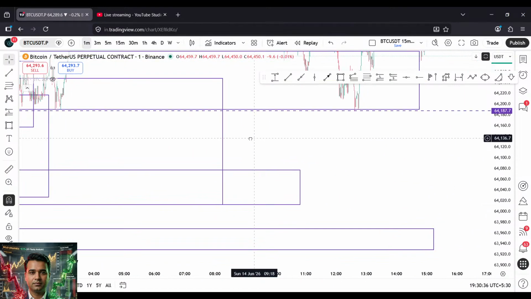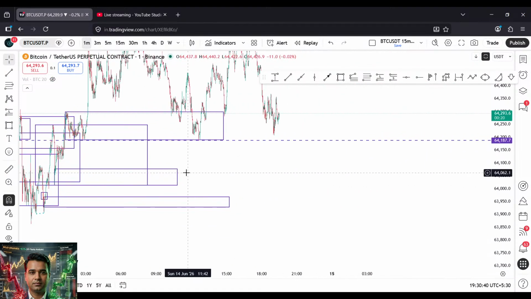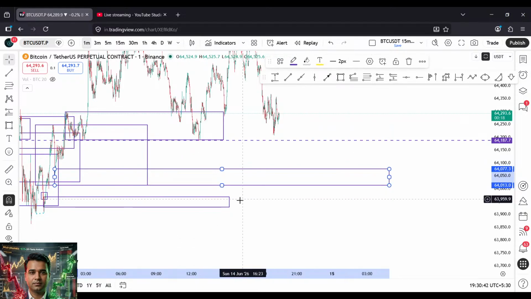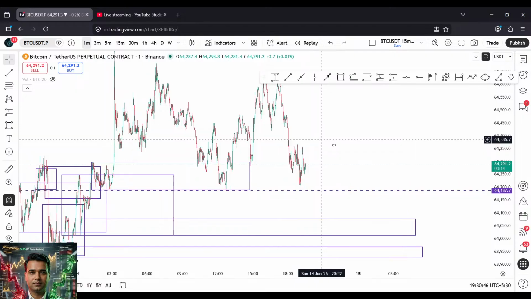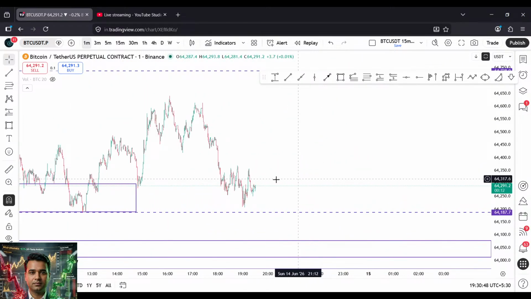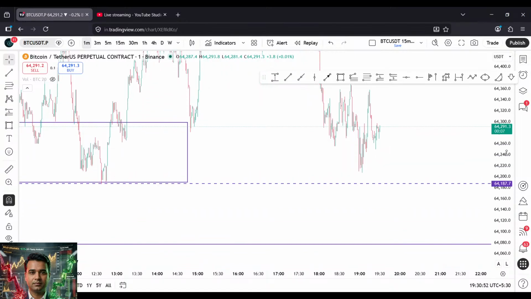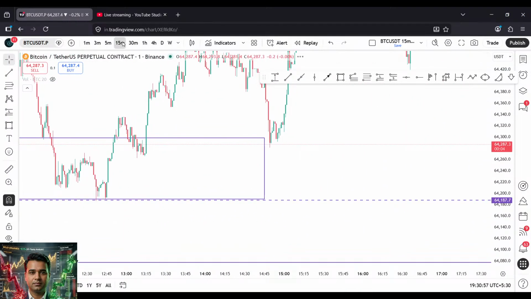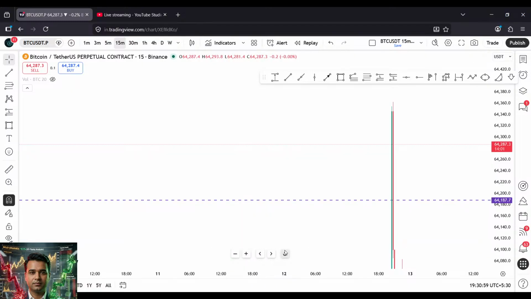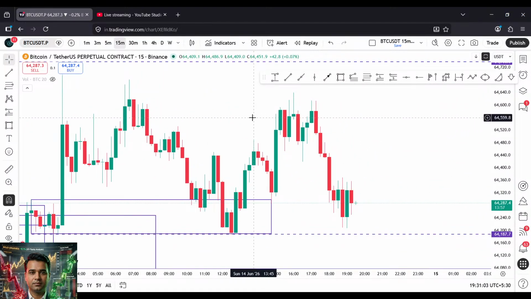These two zones are interesting for the future, where orders are clean. They are not taken yet. Okay. So now let's see what is happening here. Right now, what is price doing? Price is reacting to this zone. If we go to the 15 minutes time frame, price is reacting to this zone.